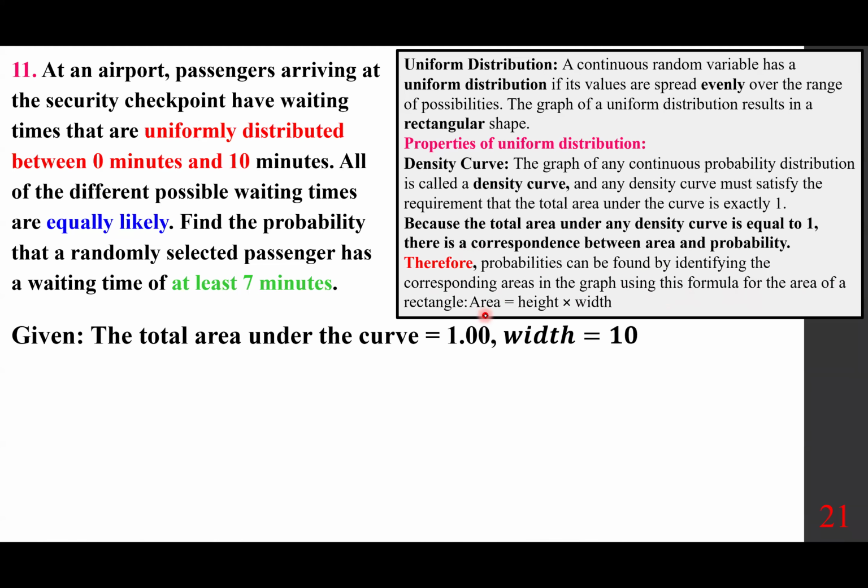So having said that, what is the given? The total area under the curve must be 1, and from 0 to 10, the width is 10 minutes. This is 10 minus 0 equals 10. So it's important to understand this, okay?